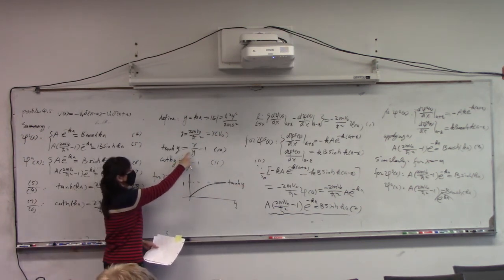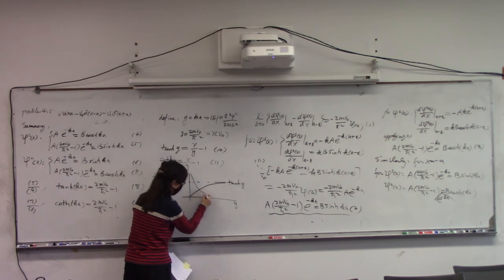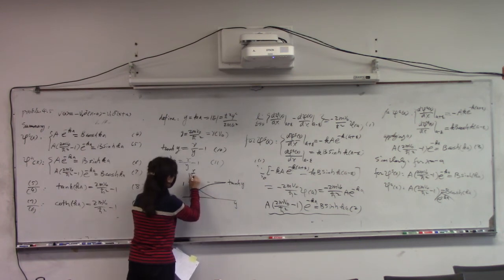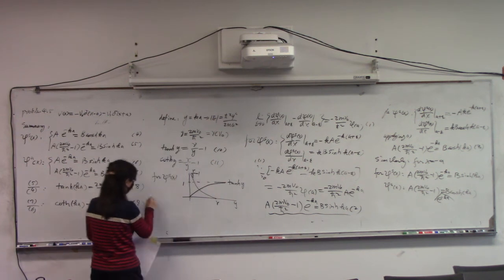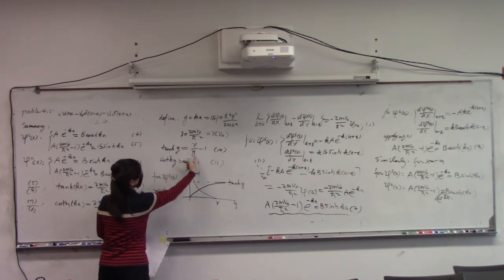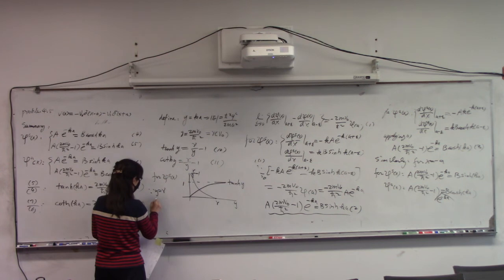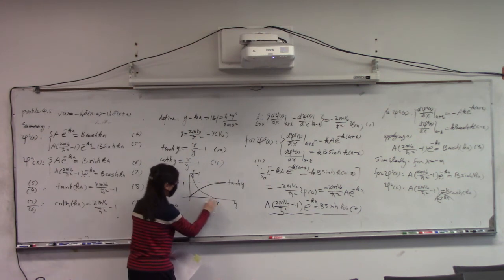And this one, gamma over y minus 1, is something like this. And here, you will see this is y equal to gamma. Because when y equals gamma, gamma over y minus 1 is equal to 0. So that means this decays to 0 here.